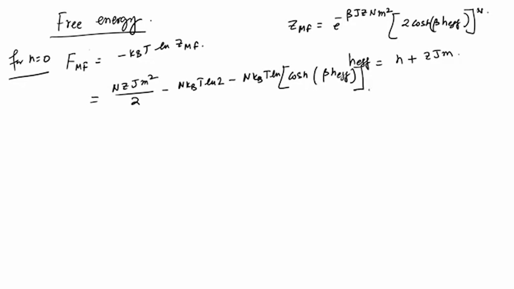Okay. So, that is the expression that we have. Now, what we do is that we will expand this in order to write this free energy as powers of this magnetization that we have obtained.